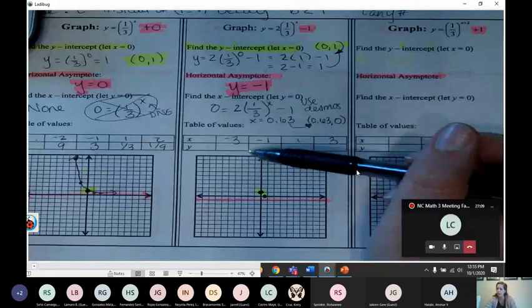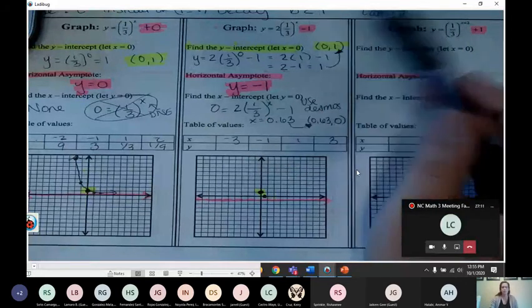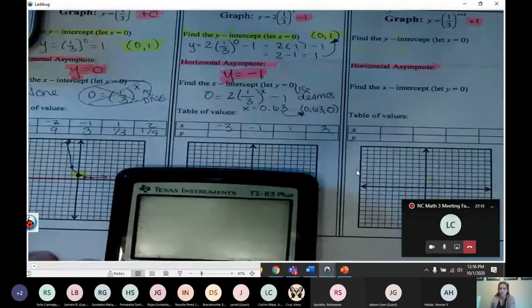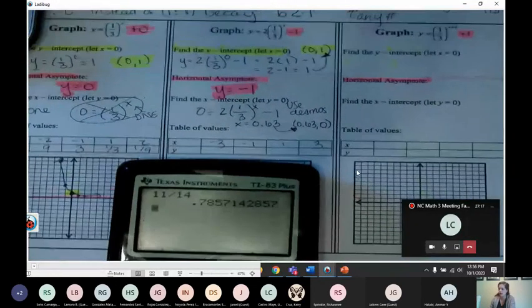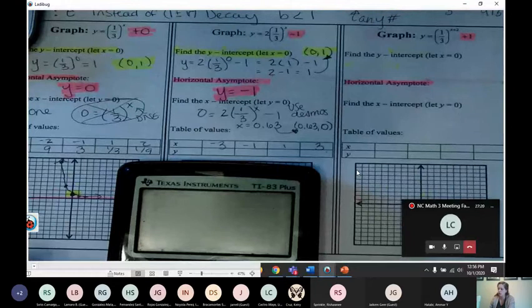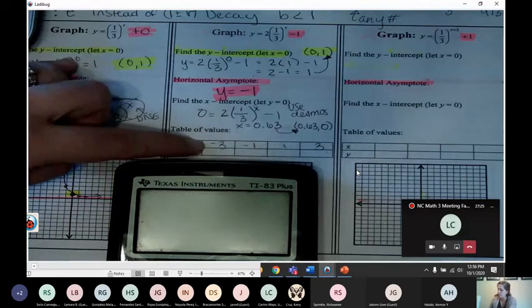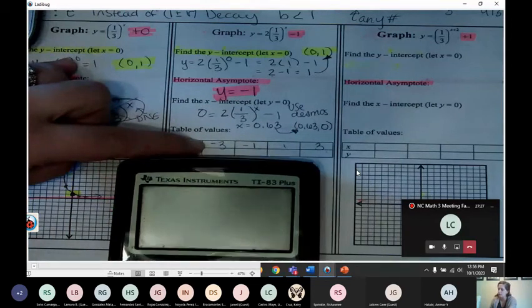So let's see. We can do this in our calculator. I'm going to take 2 and multiply that by 1/3, raise it to the -3 power. Oh, my battery almost died.